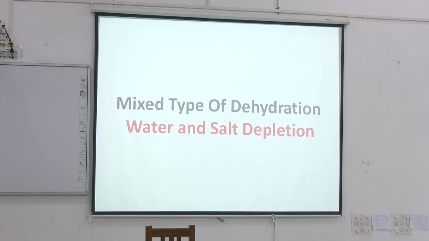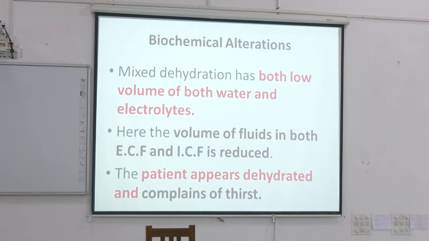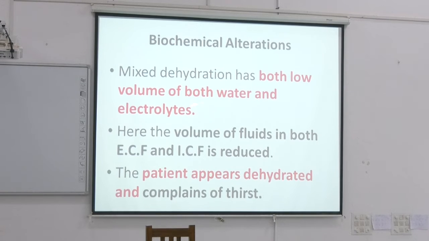Now, mixed type dehydration, water and salt depletion. In the case of severe vomiting or severe diarrhea, both salt and fluids are excreted from the body. So a deficit of water and electrolyte is present in mixed type dehydration. There is a low volume of water and electrolyte, and the volume of fluids in both ICF and ECF is reduced.